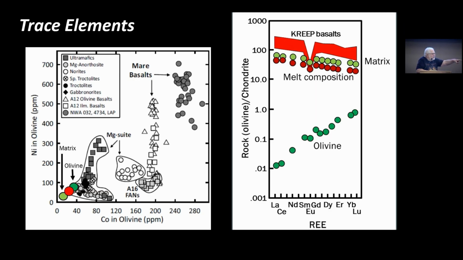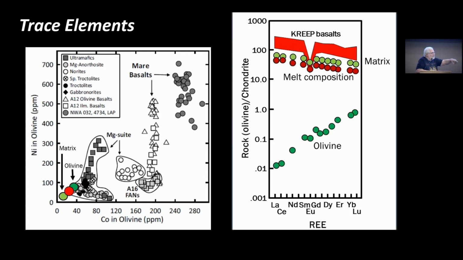Also, I plotted the melt composition here, which is also very low in nickel and cobalt. It is also low in siderophile elements, suggesting that this is probably not a product of impact, but probably truly a magma derived from the lunar interior.